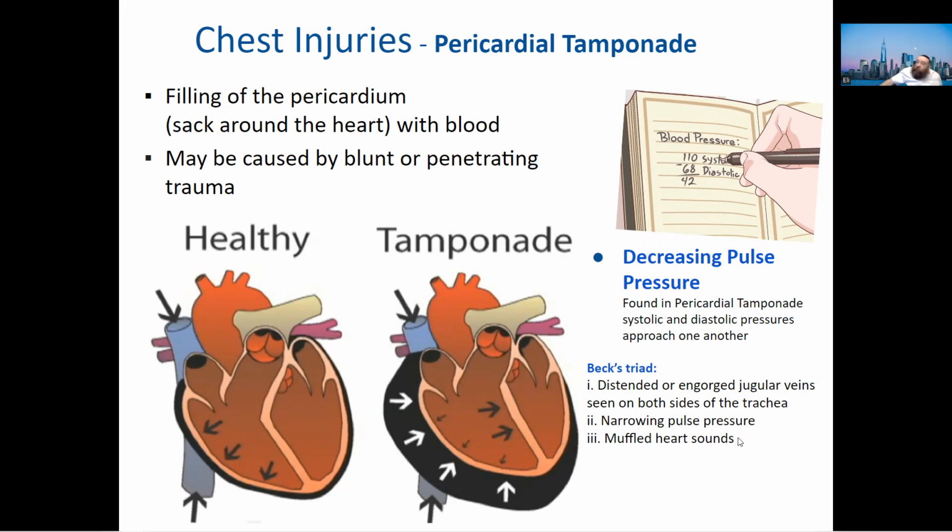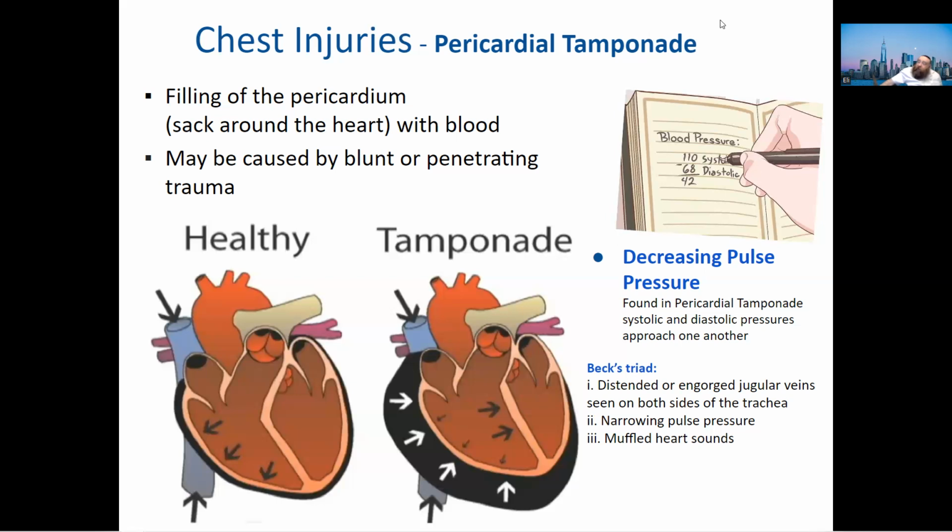And then I'm going to show you on another next slide or so how you know that it's changed from a pneumothorax to a tension pneumothorax. Let's just talk about this one.